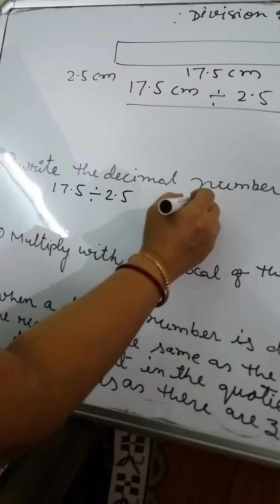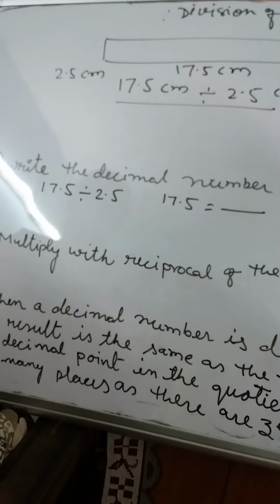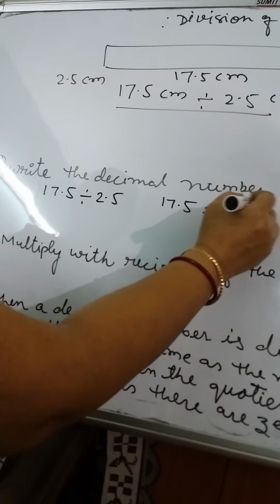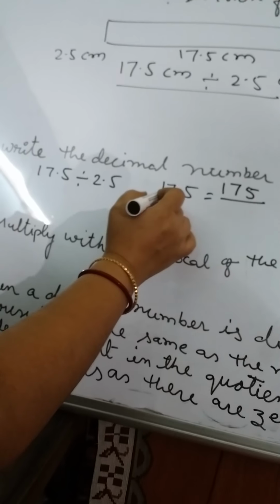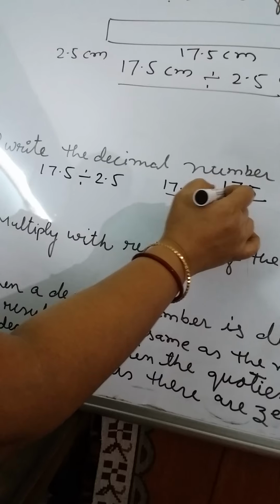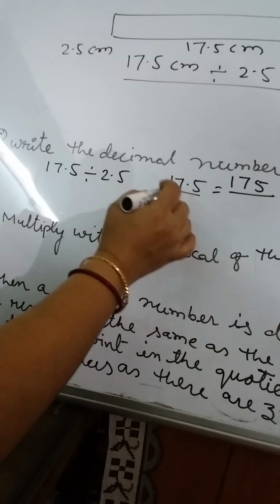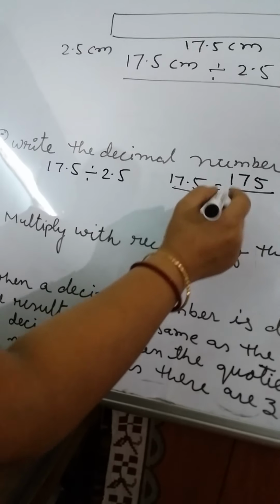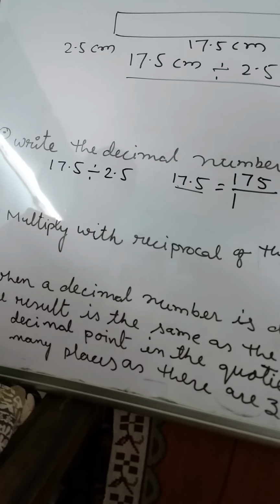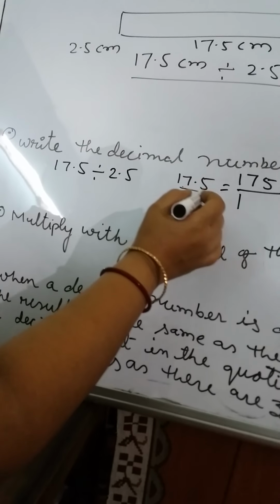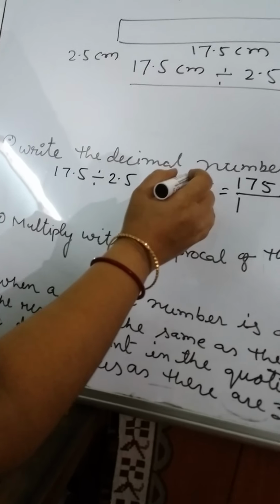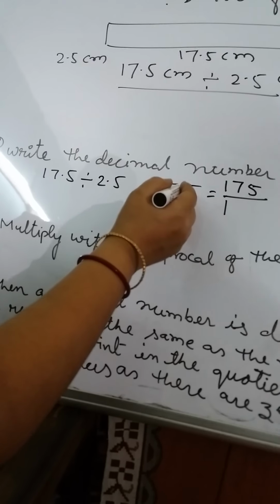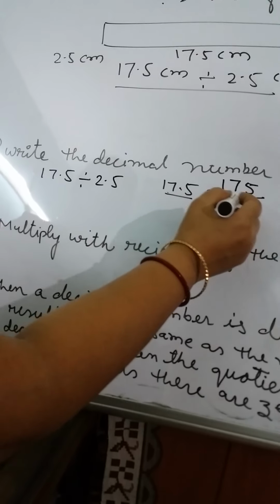You write the number without the decimal in the numerator, and in the denominator you write 1 and as many zeros as there are digits to the right of the decimal. So how many digits are there? 1. So you will write 10 here.